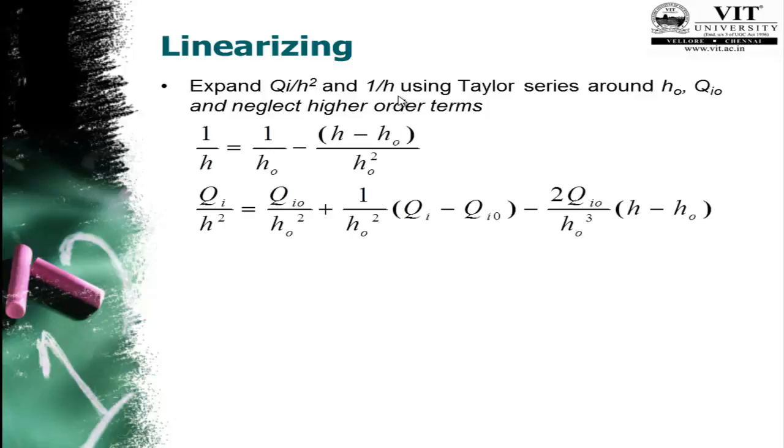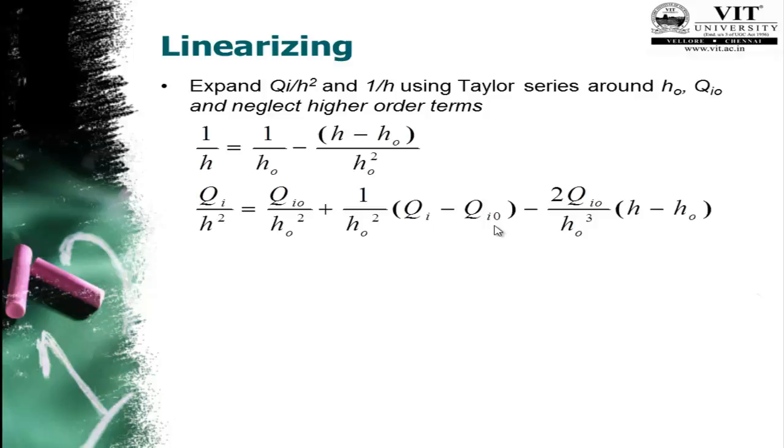Using Taylor series, we can expand these two nonlinear terms like this around h naught and qi naught. The first equation is the expansion for 1 by h using single variable Taylor series expansion, and for the second one I used the two variable Taylor series expansion up to the first order. Here h naught and qi naught are the operating points, so they will be constants according to our process running conditions.